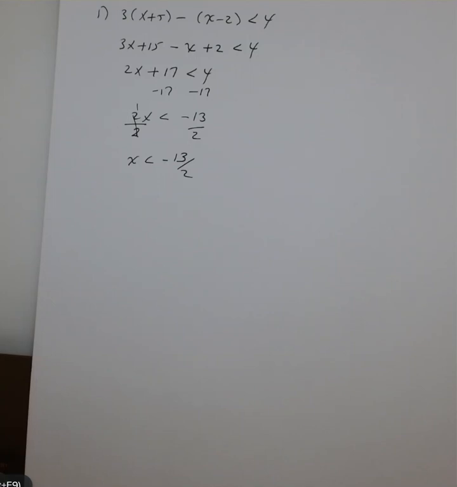So when you do MyLab and when you do the assignment, it's going to ask you to indicate the solution set in interval notation. So an interval notation is going to look like this.